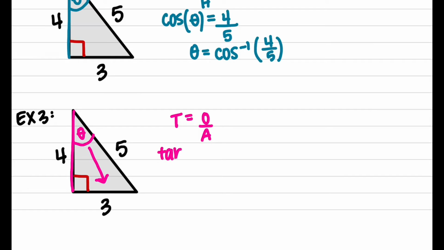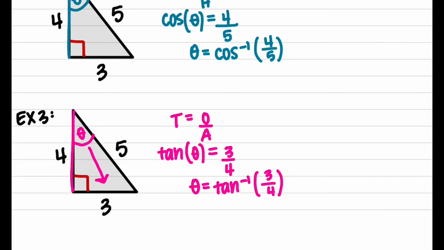So the tangent of that angle is equal to 3 over 4. Using these two sides, if I wanted to know what is the measure of that angle, I would just rearrange that equation. So take tangent inverse on both sides. So we have tangent inverse of 3 over 4.